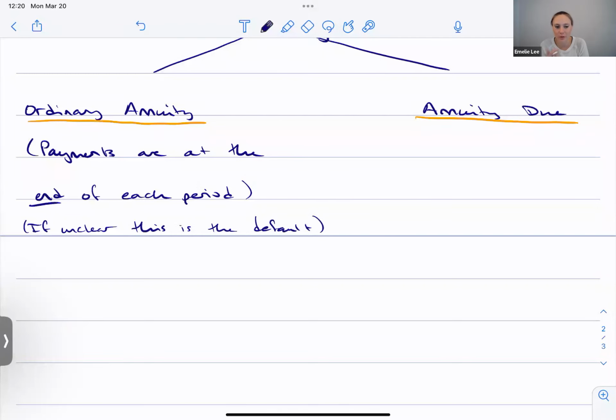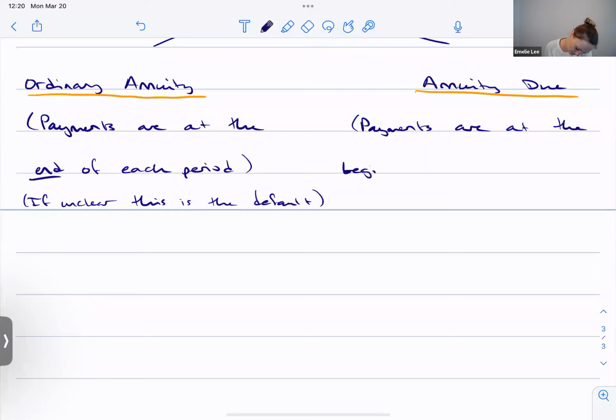I use the due to remind myself that it's at the beginning of the payment period. So payments are at the beginning of each period. Okay.